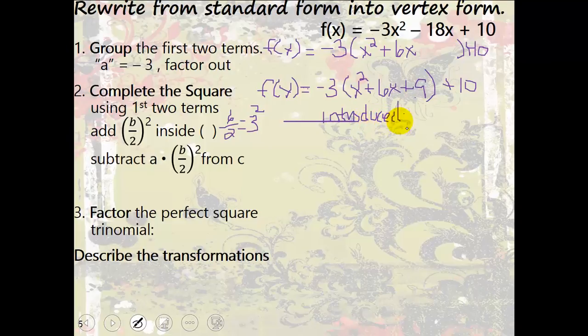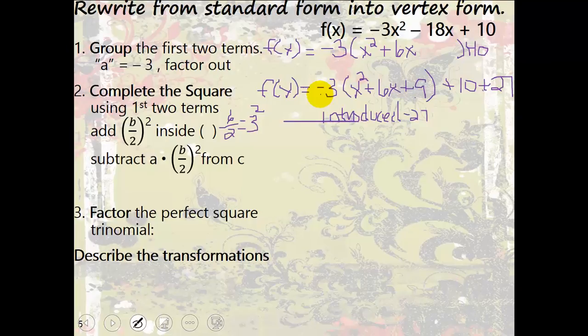So to keep it balanced, I'm going to have to add 27 over here. I introduced negative 27 units on this side by completing the square and then multiplying it by negative 3. So that means I have to add it on the outside, okay?